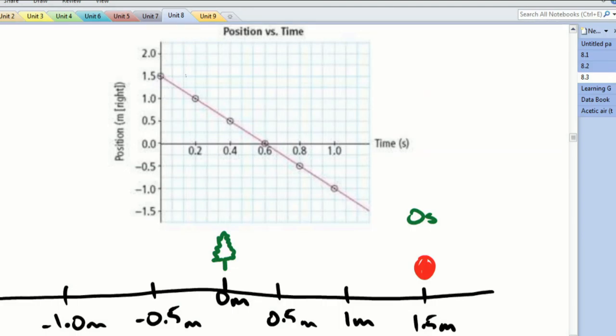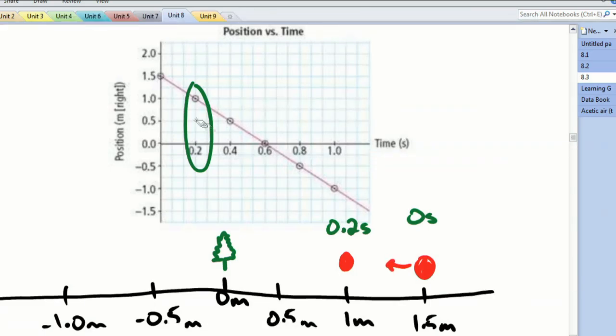Okay, now 0.2 seconds passes. This is where I'm looking now. And my object is 1 meter to the right. So now my red ball's here. This is 0.2 seconds. What happened to the ball? Well, the ball is just kind of cruising along, going that way. It moved from there to there.